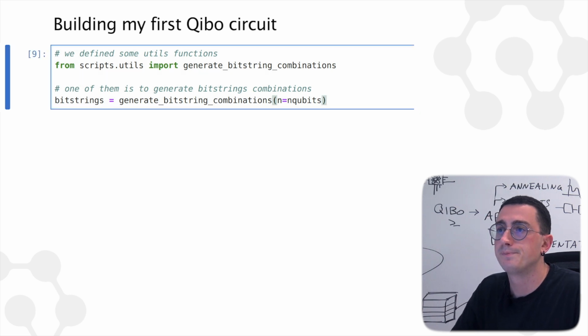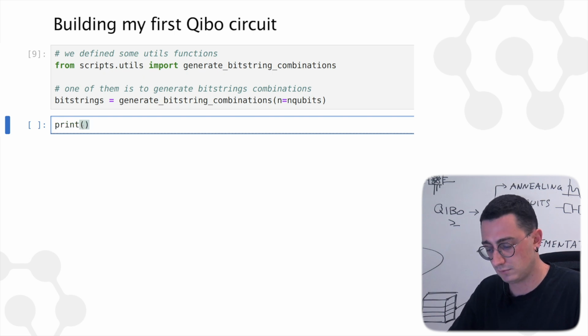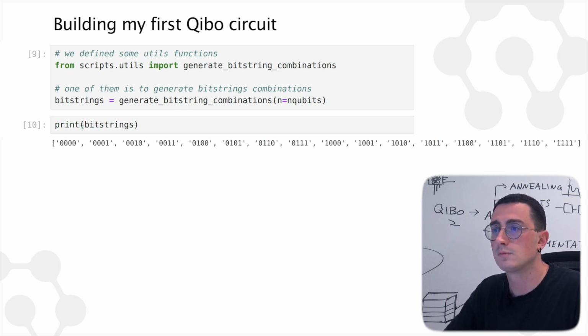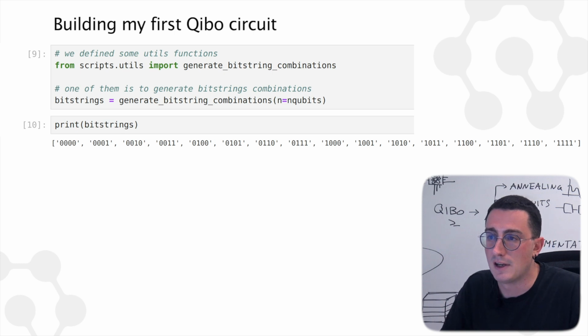Perfect. So now we have our bit strings combination and we can print it. As you can see, we have all the possible combinations of these 4 bit values here.